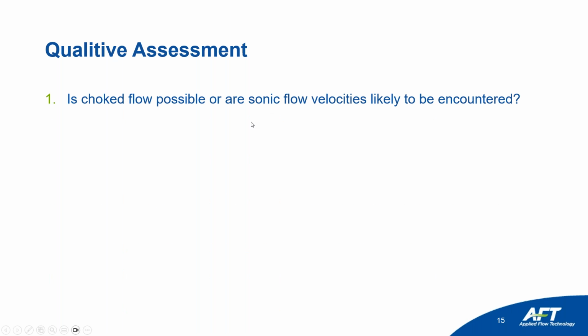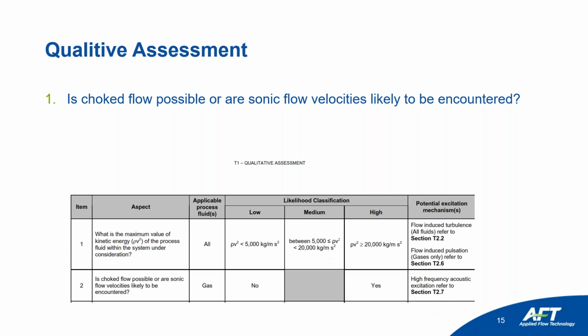And we ask three questions. Is choked flow possible, or are sonic flow velocities likely to be encountered? This question is taken directly from the document, which is the question we ask for gas systems in the qualitative assessment.